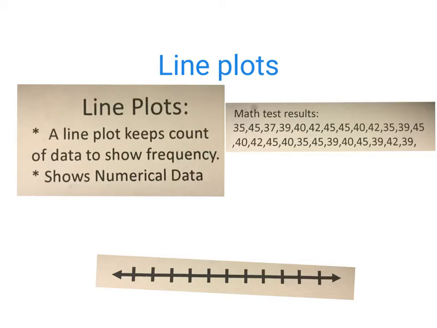So the next thing that we have is a line plot. A line plot keeps count of data to show frequency and shows numerical data. Basically I have a number line, and I'm going to look at what numbers I have here. I'm going to start with my lowest number, and number my number line until I get to my highest number.